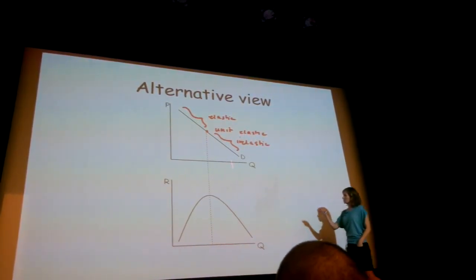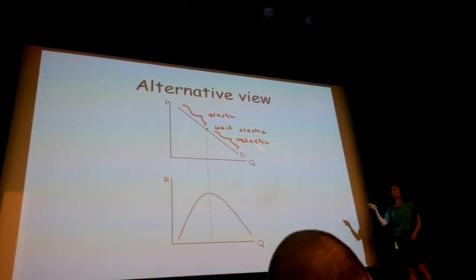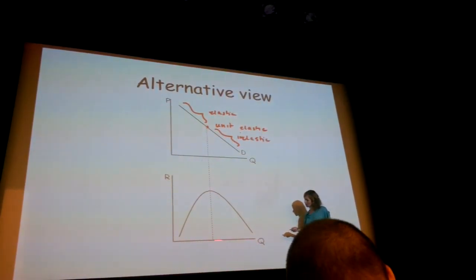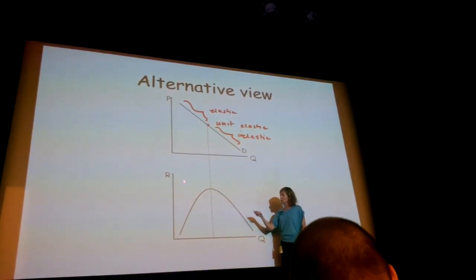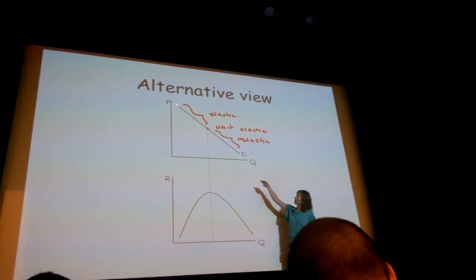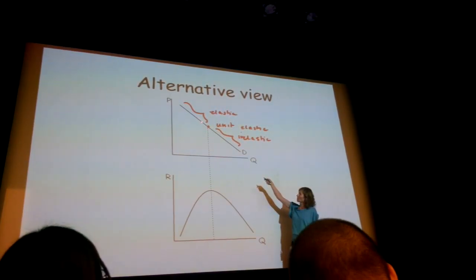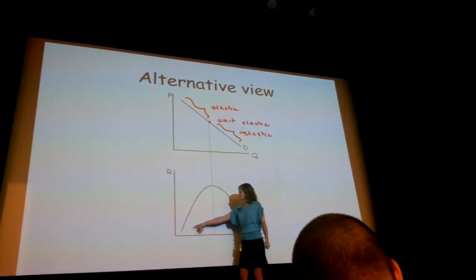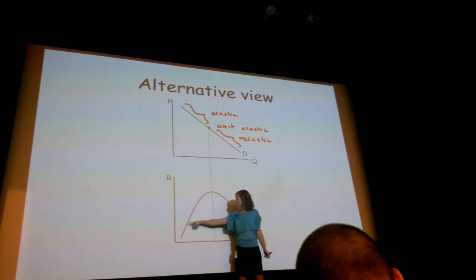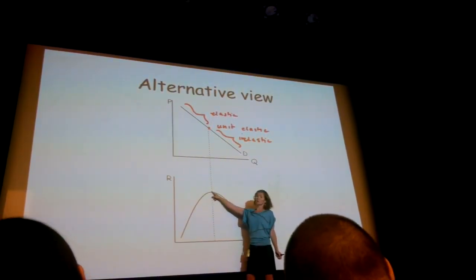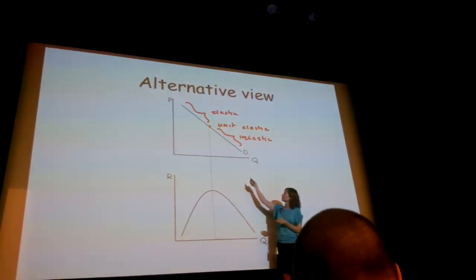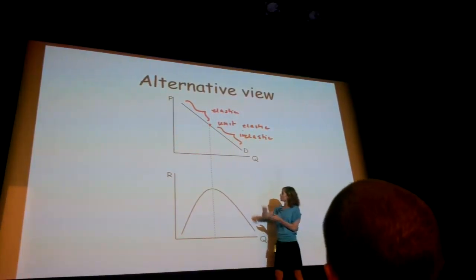The top picture is just a standard demand curve. The bottom picture has quantity on the x-axis, and revenue, which I'm denoting with the letter R, on the y-axis. And what you see here is that as price drops and the quantity demanded increases, we see revenue increasing when we're on the elastic portion of the demand curve. So when price falls, revenue increases along the elastic portion of the demand curve. And on the inelastic portion of the demand curve, when price falls, revenue drops.